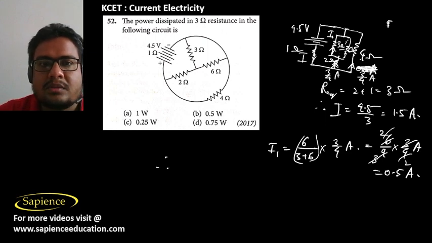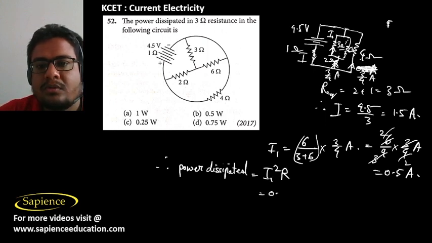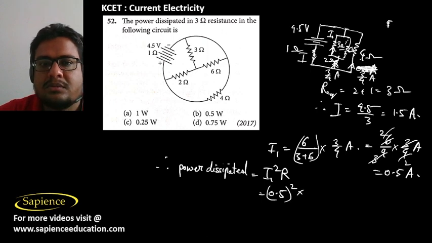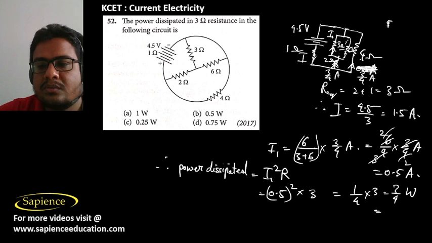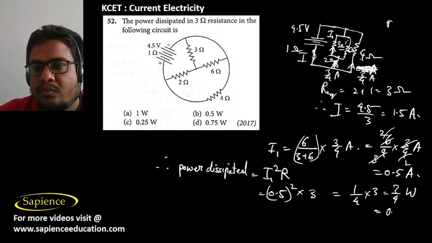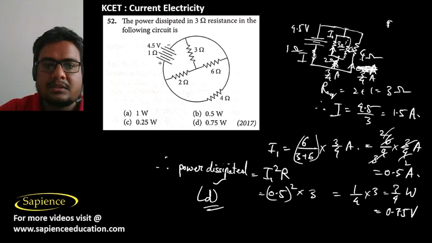Now therefore the power dissipated in the 3 ohm resistance will be equal to I1 square into R, 0.5 whole square into this resistance 3 ohm, that is half square, that is 1 by 4, 3 by 4 watt, which is equal to 0.75. D is the correct answer.